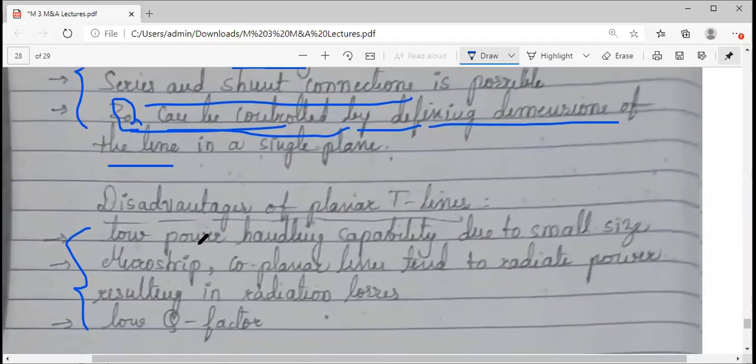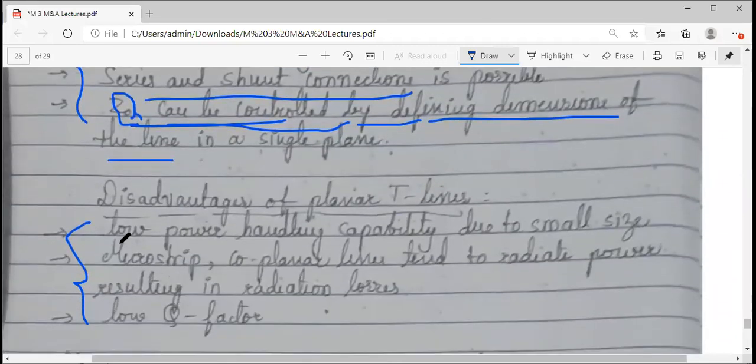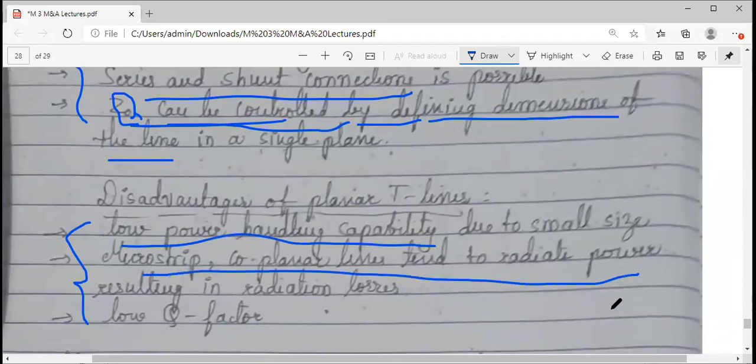Disadvantages: as it is miniature, inside a very small circuit you are using all these things, so low power handling capability. Second, they tend to radiate. I had discussed this regarding the microstrip lines. In addition to the two losses, one dielectric and one ohmic, there is also radiation loss, because at microwave frequencies it acts as an antenna, so it radiates and some power dissipation occurs.